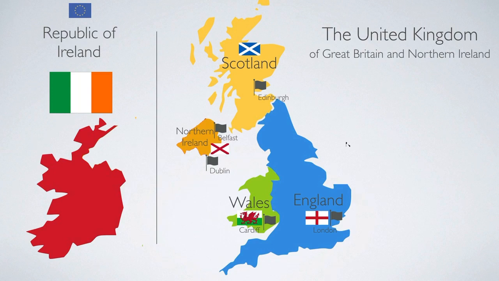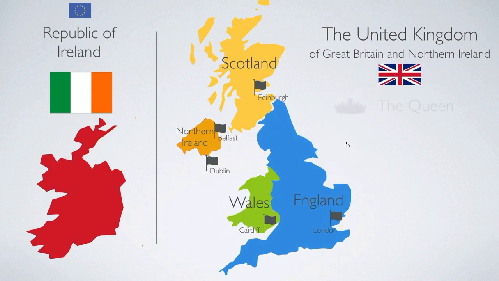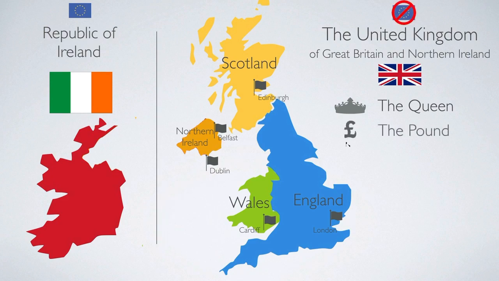It unites England, Wales, Scotland, and Northern Ireland and is ruled by Her Majesty the Queen. The United Kingdom was never a full part of the European Union, and as such, its people have always kept using the pound instead of adopting the euro.